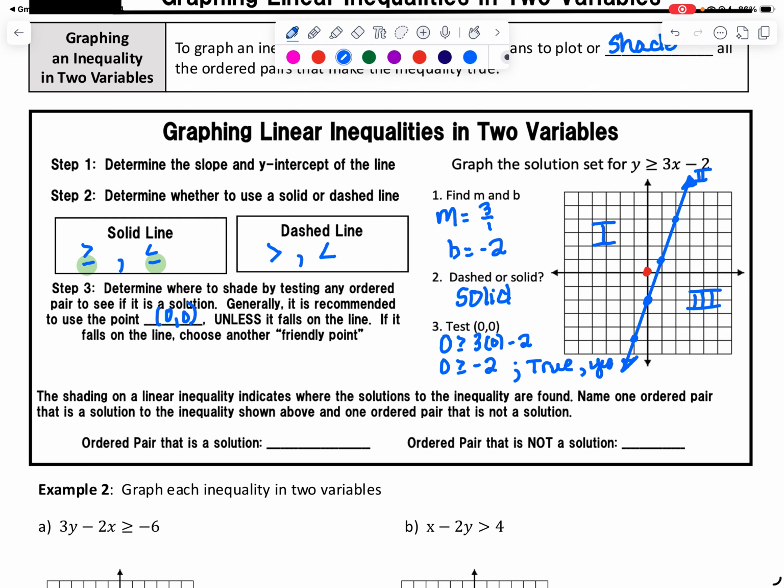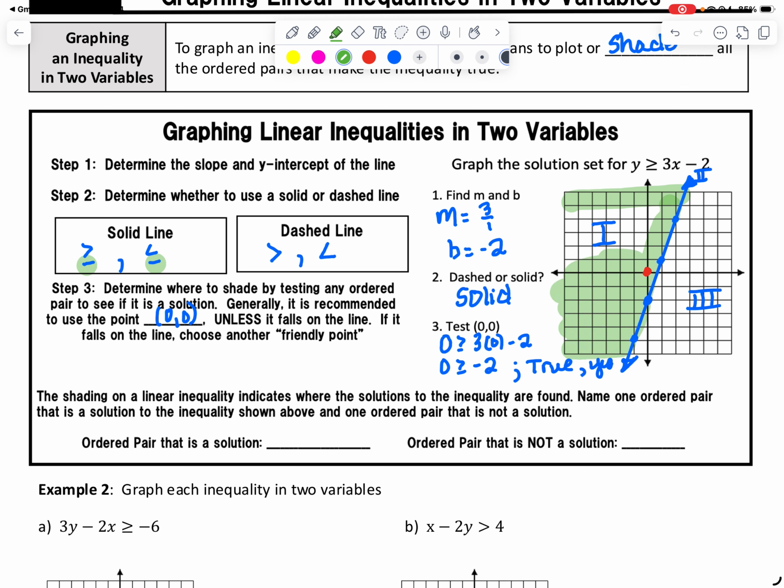So if 0, 0 is a solution, we must shade the region where 0, 0 lies. So ask yourself, should I shade region 1 or should I shade region 3? Well, hopefully you said I should shade region 1. Everything in this region is a solution.